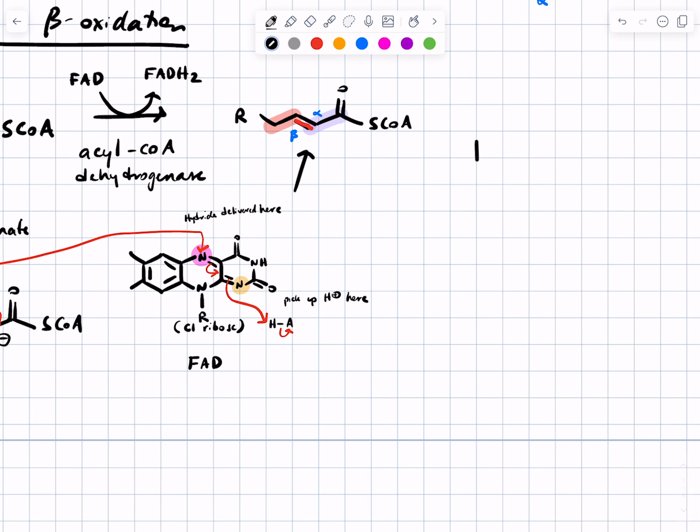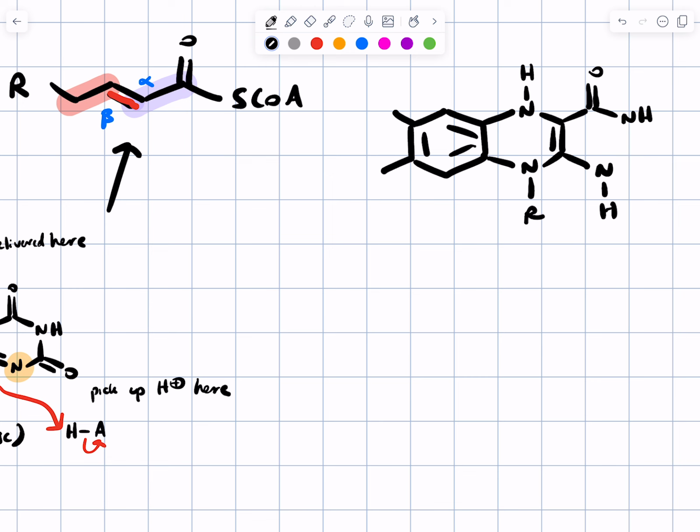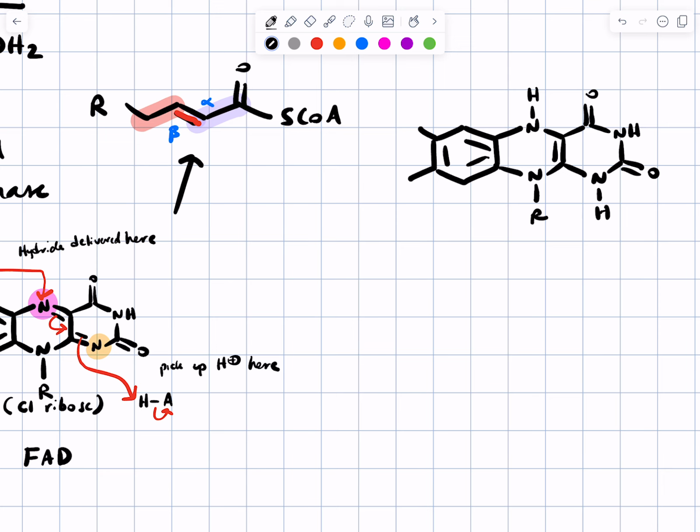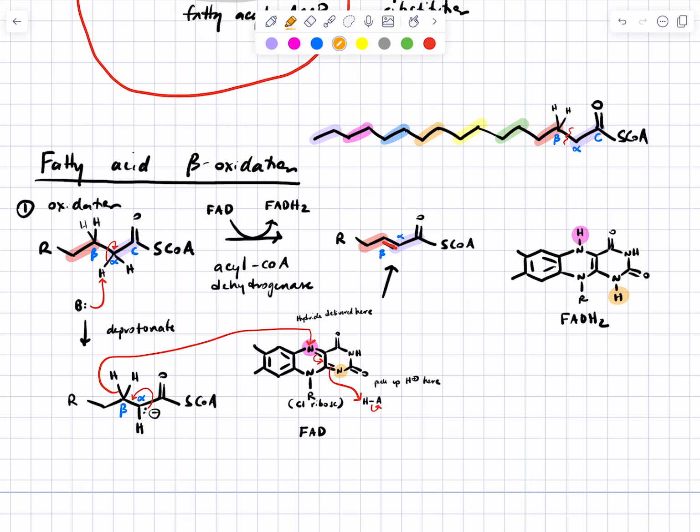And then I'll draw for you the reduced form of FAD when we've added the hydride to the pink nitrogen and then a proton to the orange nitrogen. So that's our H2 carried away with FADH2.